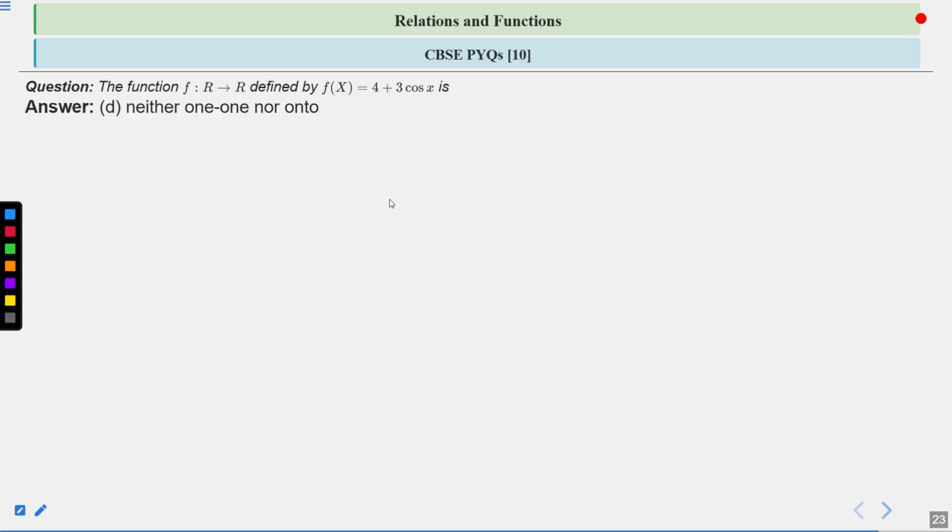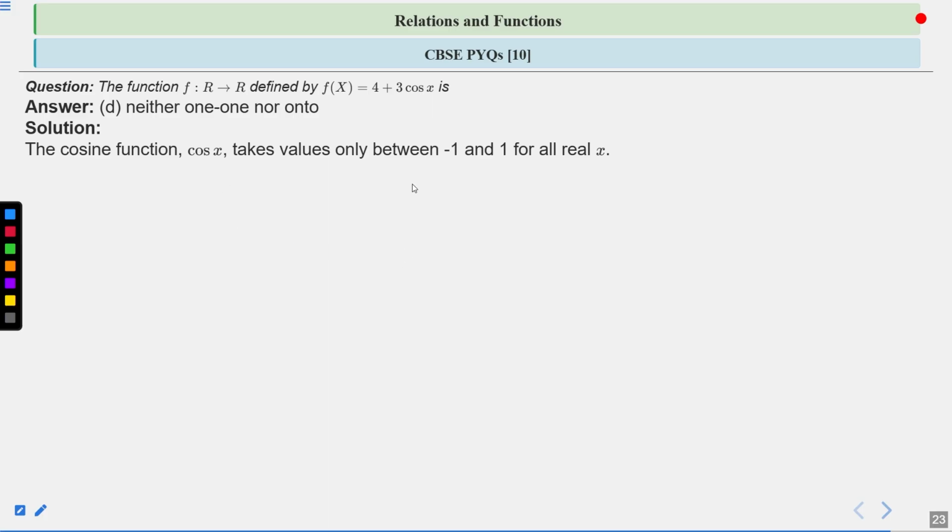So let's move to the solution. See, the range of cos x, we know, is from -1 to 1. So f(x) will take the minimum value of 4 plus 3 times minus 1, which is 1, and the maximum value of 4 plus 3 times 1, which is 7.